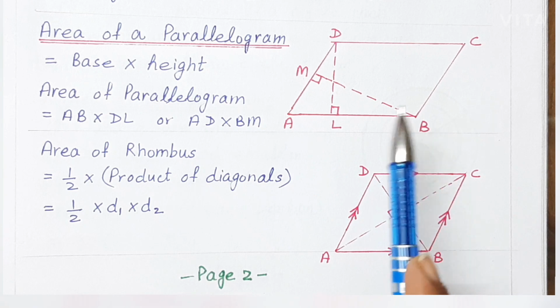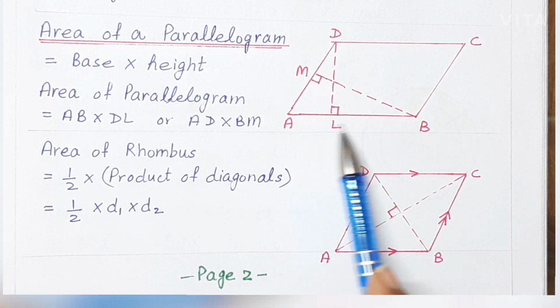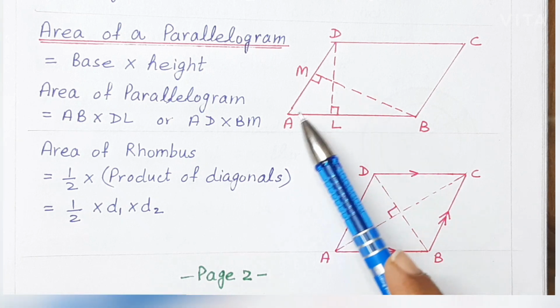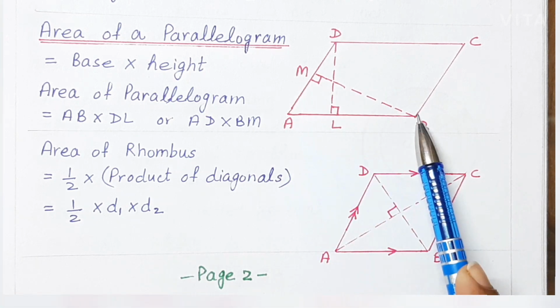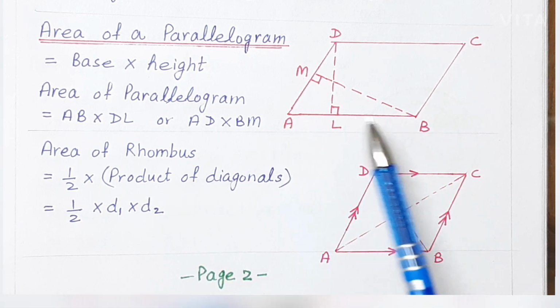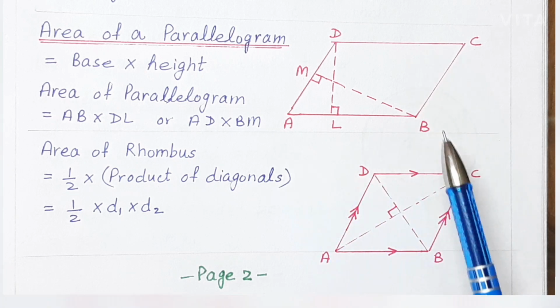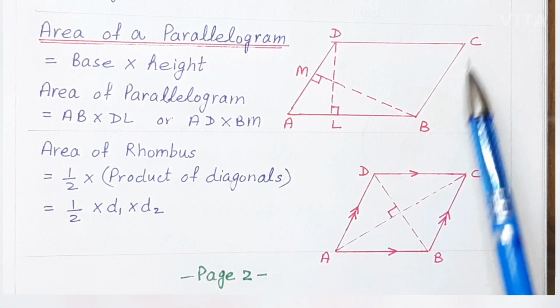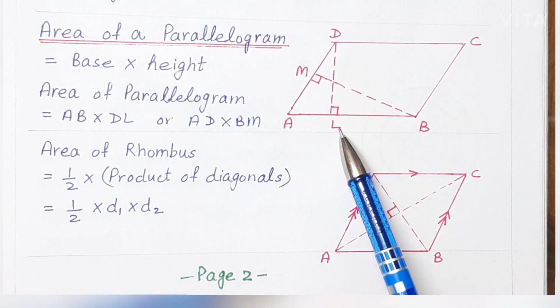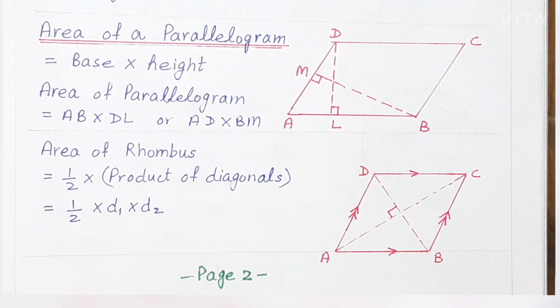So that is, it can be AB into DL or AD into BM. Clear? So, children, always remember area of parallelogram is you can take any side as base and the corresponding altitude on that side will be the height.